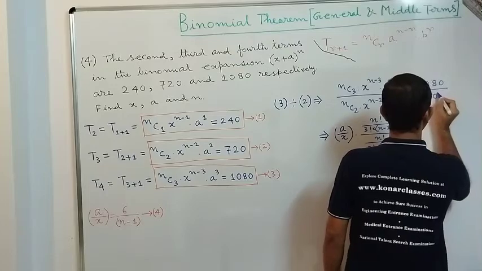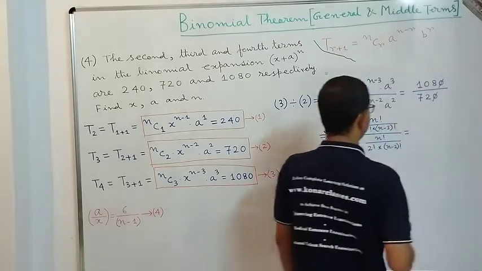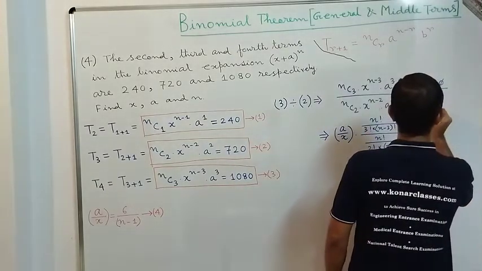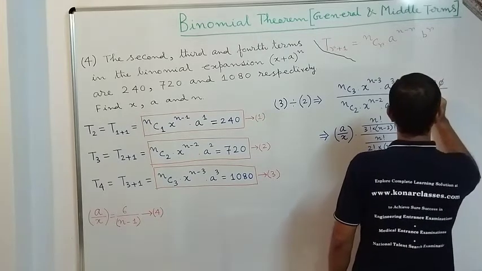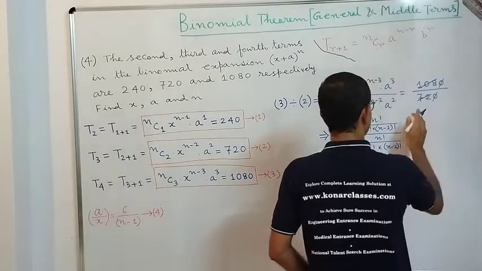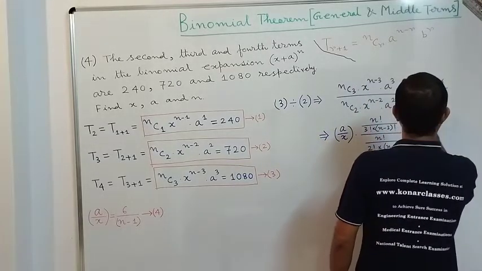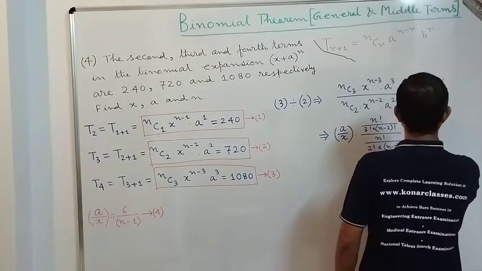So if we see this, this will get cancelled. Here we can again cancel. So we can make it 108 by 72.